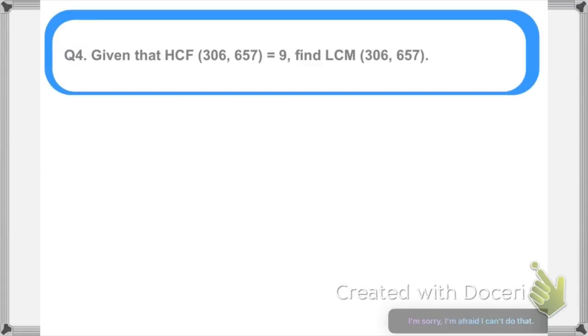So in this question we have been given that the HCF of these two numbers, that is 306 and 657, is 9. That means we have been given that HCF is equals to 9 and the numbers are 306 and 657. We have to find out the LCM.